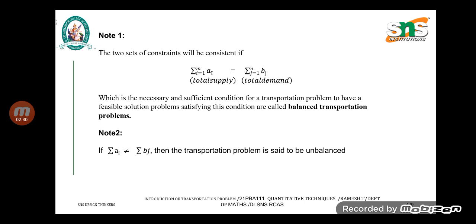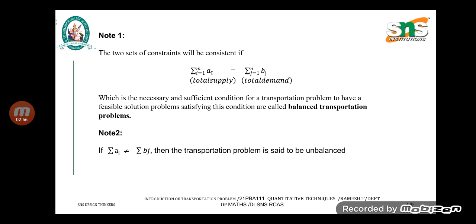The two sets of constraints will be consistent if the sum of Ai, that is total supply, and the sum of Bj, total demand, are equal. First we check the total supply and the total demand, which is a necessary and sufficient condition for a transportation problem to have a feasible solution. Satisfying this condition is called a balanced transportation problem.